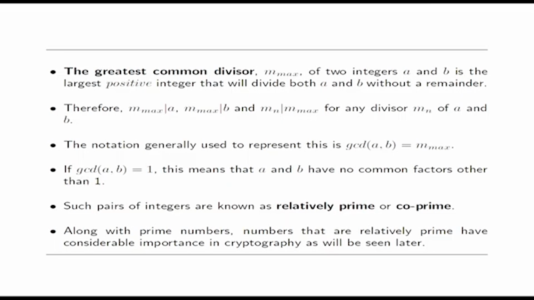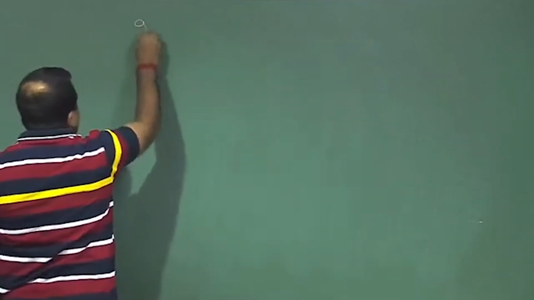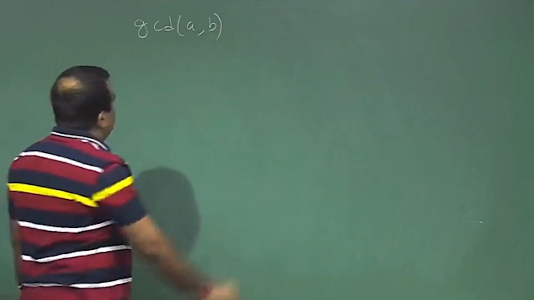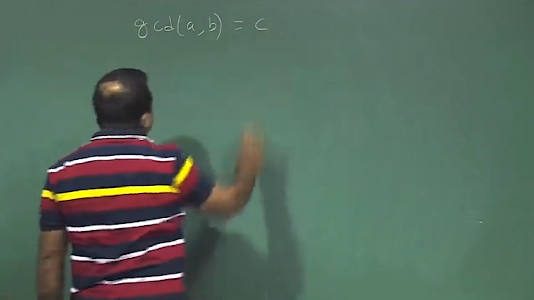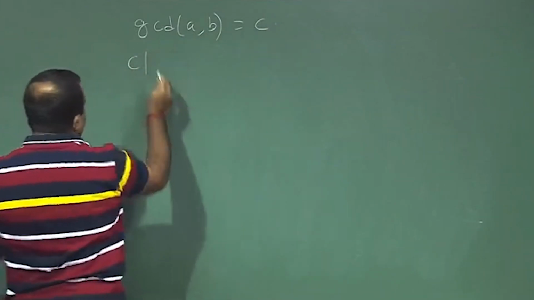So, basically we denote this by GCD, the greatest common divisor, GCD of a and b. If it is say C, that means C is a common divisor.